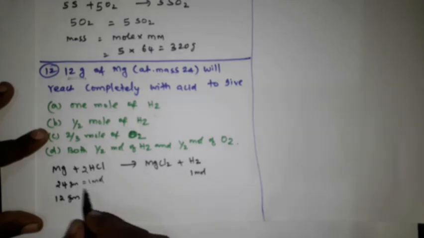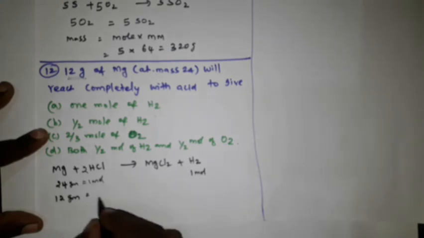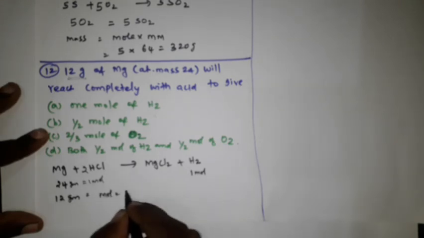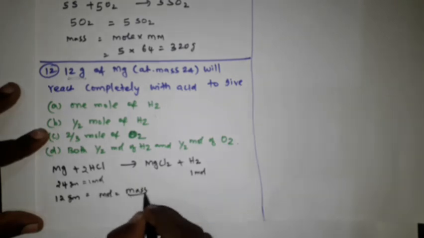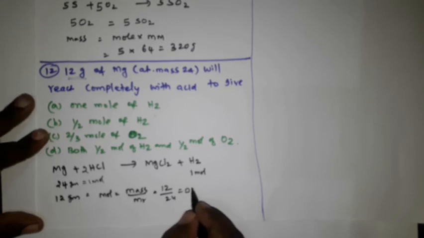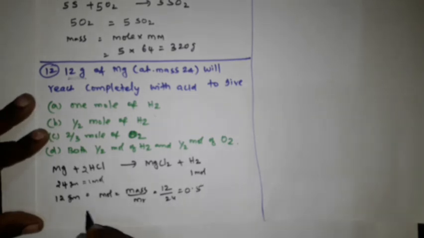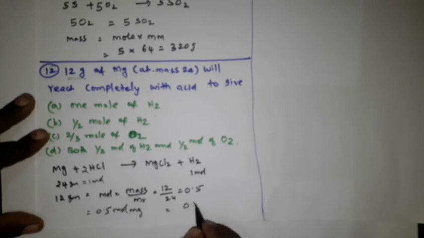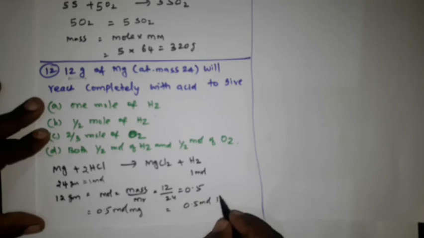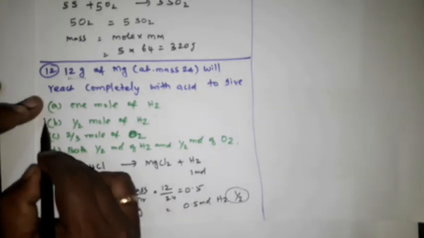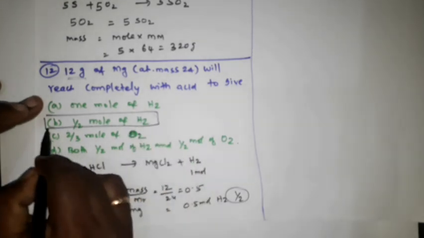Mole equals mass divided by molar mass, so 12 divided by 24, that is 0.5 moles. So 0.5 moles of magnesium will produce 0.5 moles of hydrogen, that is half mole of hydrogen. So option B is the right answer. Okay.